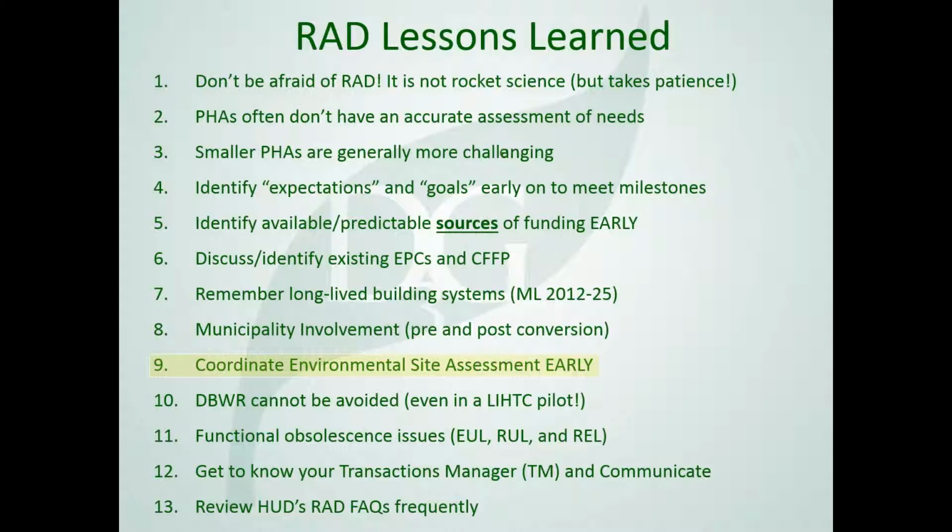An example is a floodway running through the property, and now we can't access some of the mortgage insurance programs we wanted. Or there's a high pressure gas line going through the project, which didn't present a capital need concern but is an environmental issue when we go after mortgage insurance programs. So think about coordinating environmental early, not late.